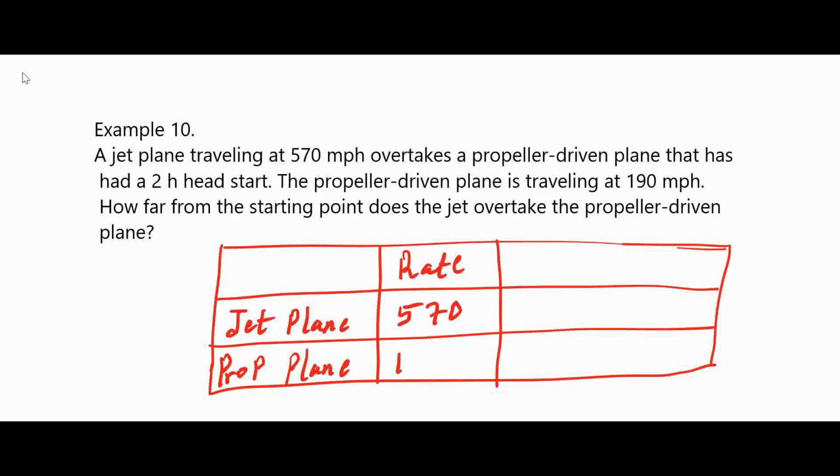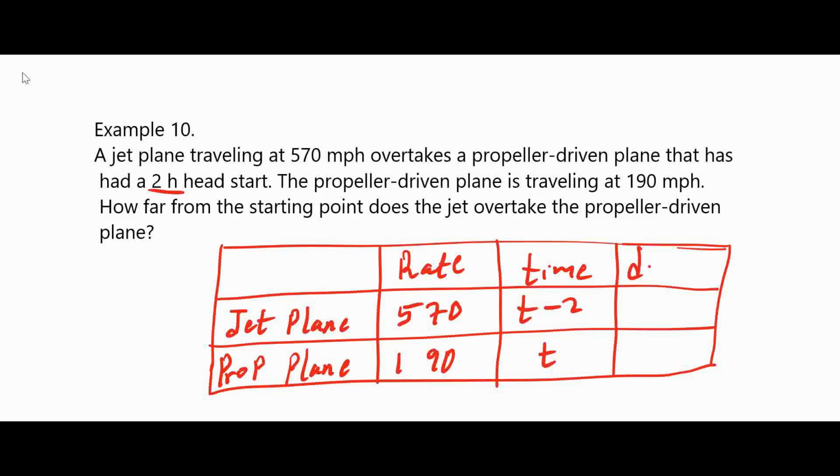Why this is 190. Question says the propeller driven plane is traveling at, okay, and the propeller driven plane has had a 2-hour head start. So the time, so if the propeller driven plane spent t time, then this will be t minus 2.